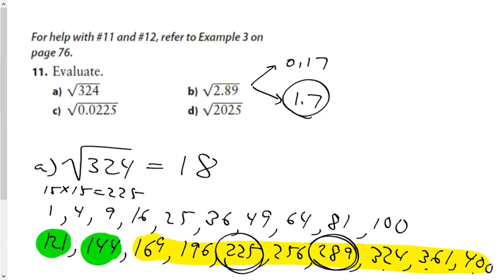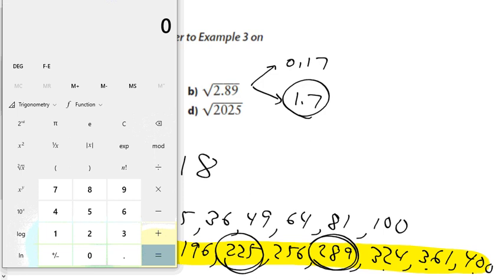Any idea? 0.15 times 0.15. Does that make sense? He thinks that 0.15 times 0.15 is 0.0225. Grab the calculator. 0.15 times, instead of using the square button, I'm just going to get lazy and multiply it by itself. And it is 0.0225, so we're good.